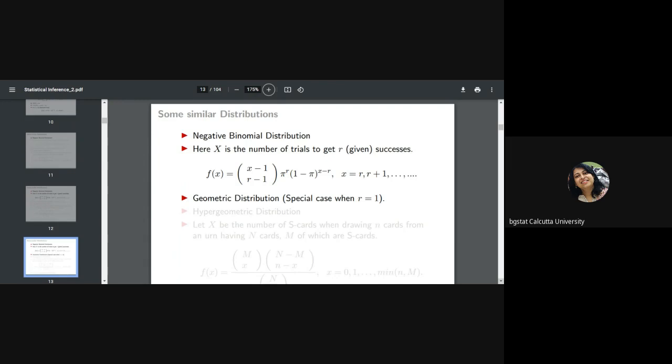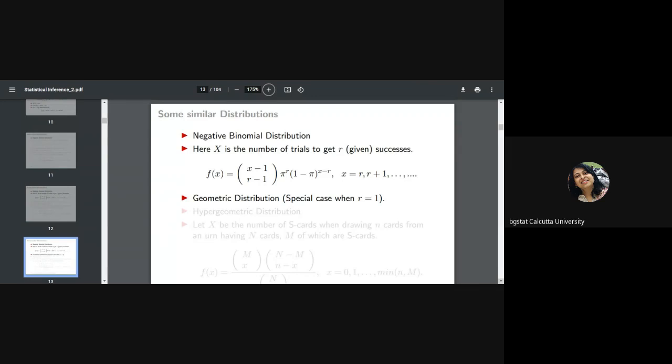For the negative binomial experiment, I keep tossing the coin, 1, 2, 3, however many times it takes. I decide instead on the number of heads which I want to observe. So maybe I want to observe 15 heads. My random variable now is the number of tosses, and I'm going to keep tossing until I get 15 heads.